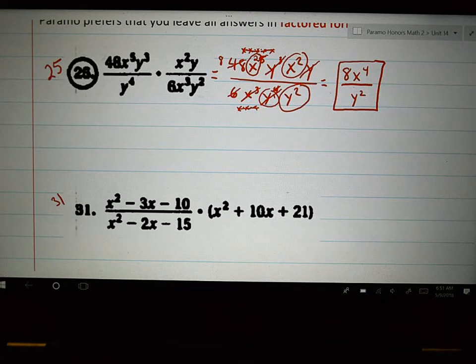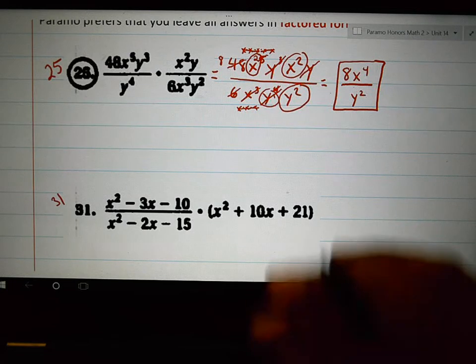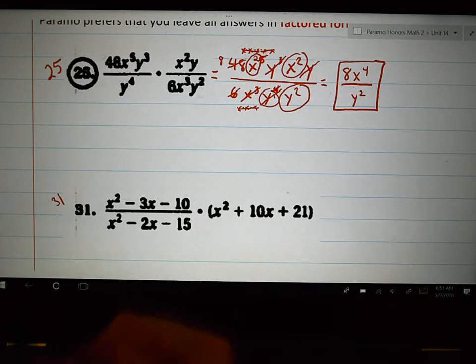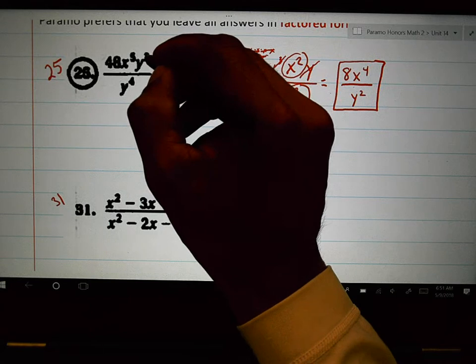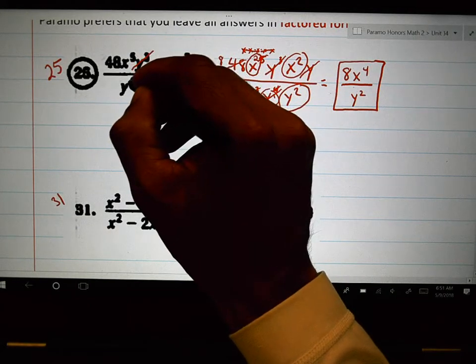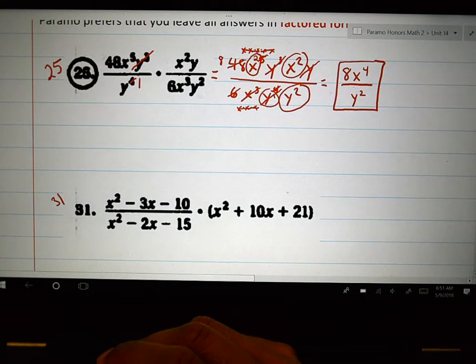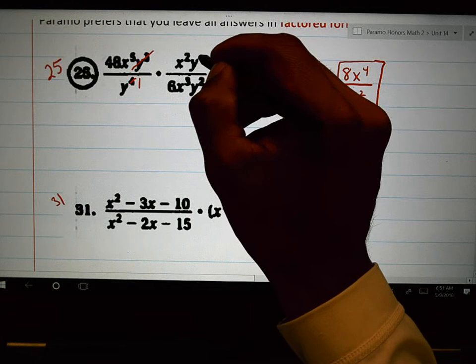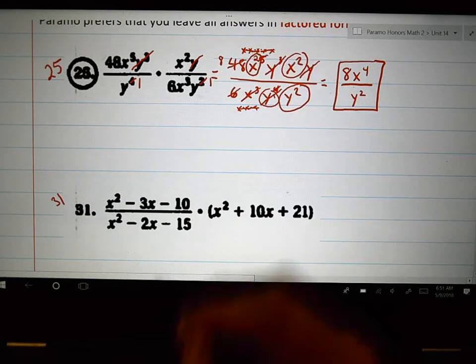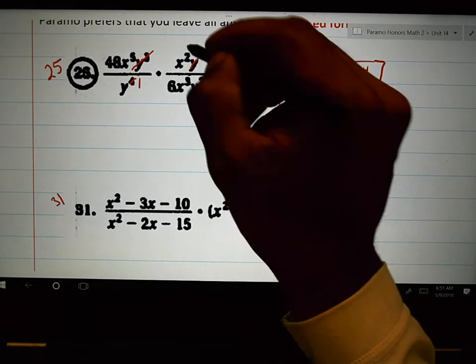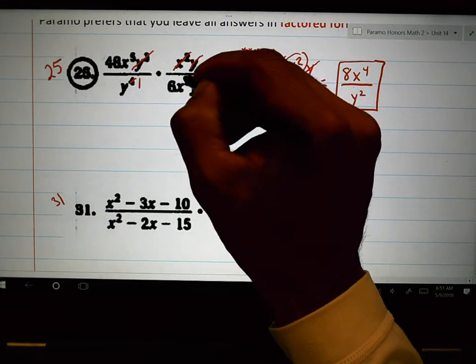If you can reduce, reduce. And by the way, there's really no real order to multiplication. You can multiply in any order you want to. So if you wanted to, you could have literally done like this and done that. You could have done this and then put that.